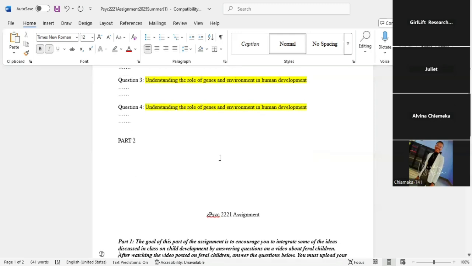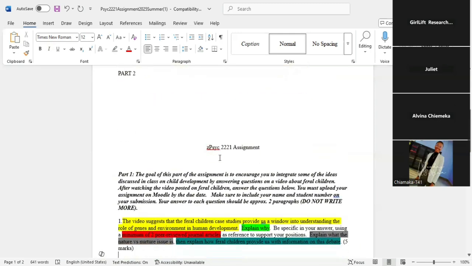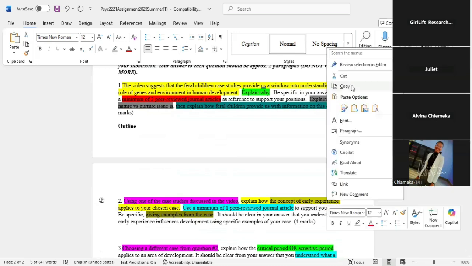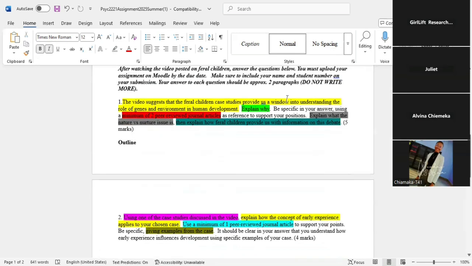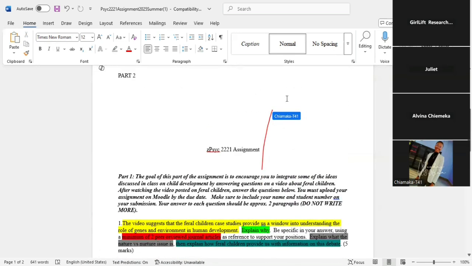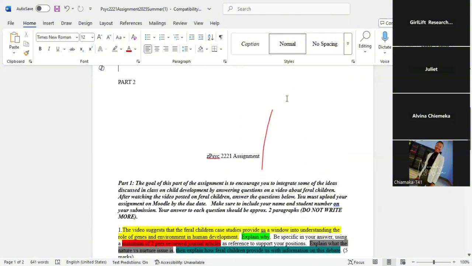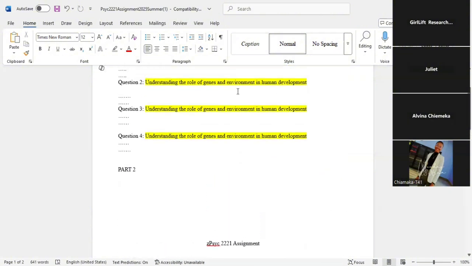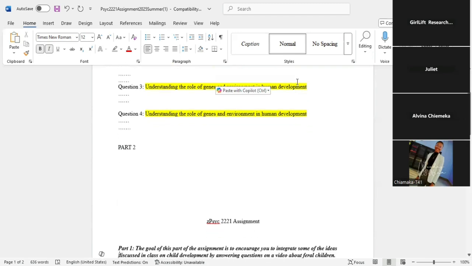But when you're doing your outlining, for this number 2, it will be the concept of early experience. It should depend on the topic; by the time you read your question, you know exactly what the problem is. So it depends on the topic for that particular question.